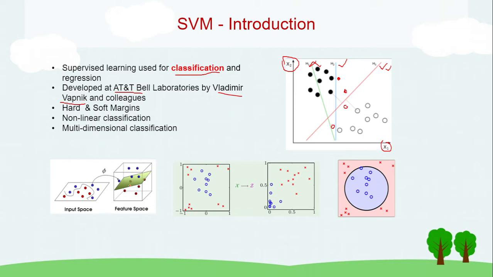Afterwards you will see that the data gets segregated, so we will be able to introduce a hyperplane and separate the classes. This is another set of data, and there's another way: you transform using a function which will move the data like this. Then it's easy to separate, right? And you don't have to always do it with a straight line, you can also do it with a circle. These are all the different ways of classification, and all are covered in SVM.